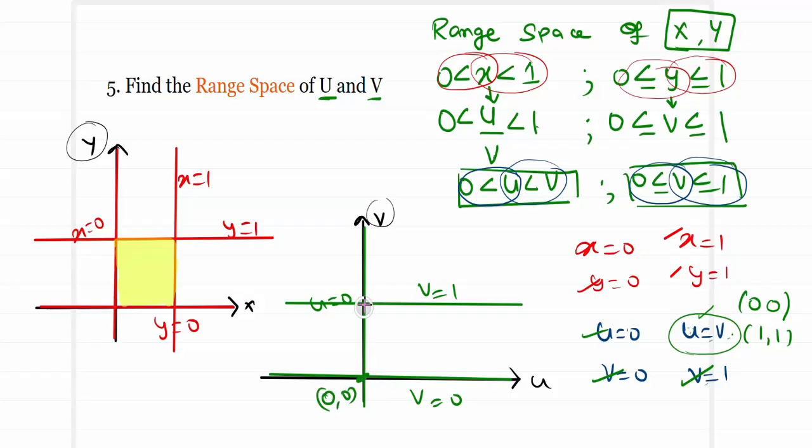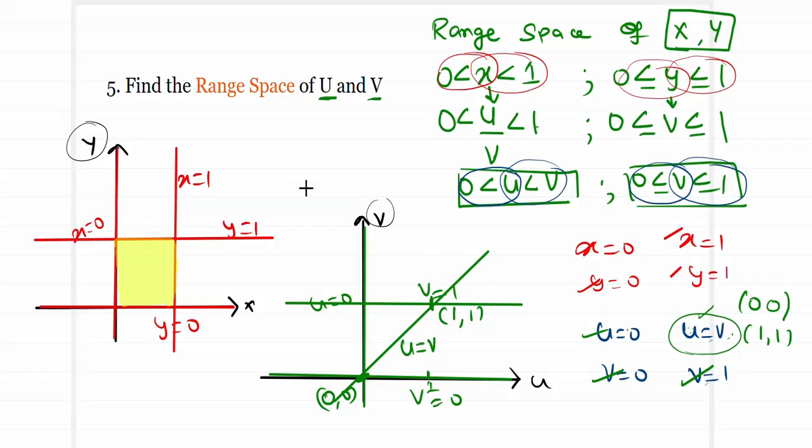This is 1 unit over here in the v axis and 1 unit in the u axis. So this is my point (1, 1). The line u equal to v passes through these two points, so my line u equal to v will be of this form. So I have now plotted the line u equal to v.